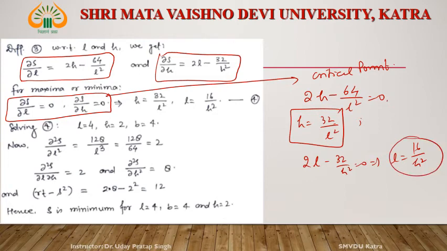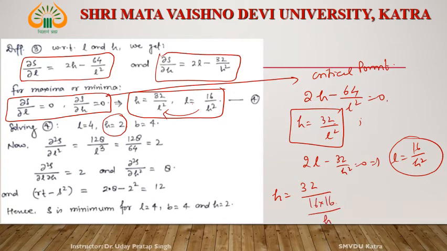Now solving these equations, putting L here, we get H. This H is equal to 32 by L square. What is L square? 16 into 16 divided by H to the power 4.